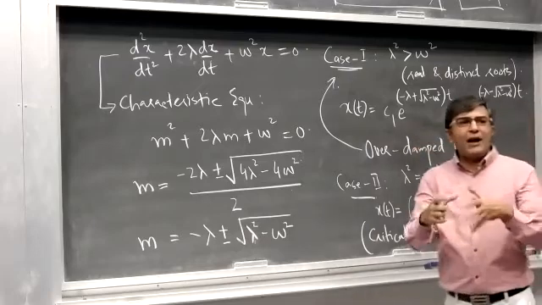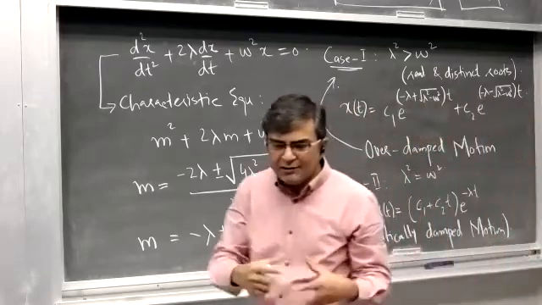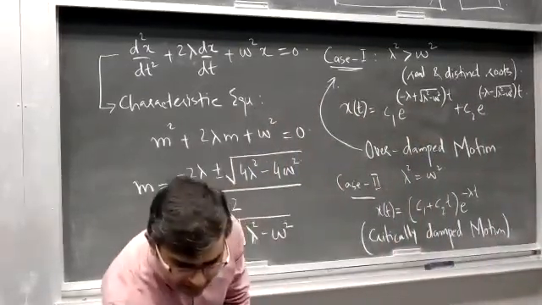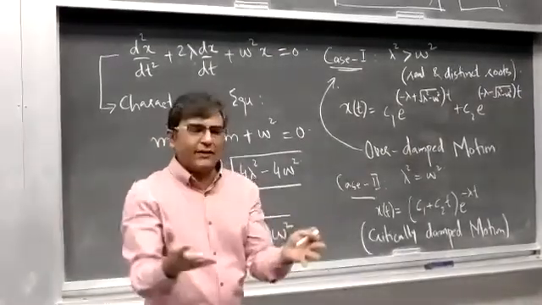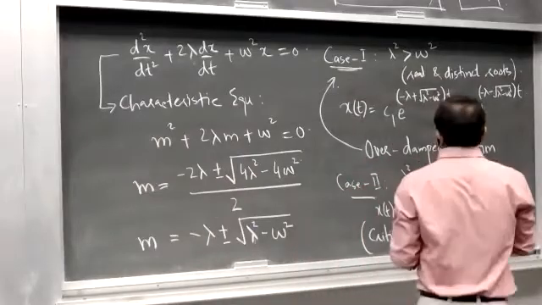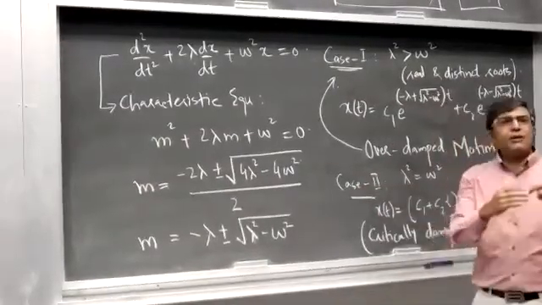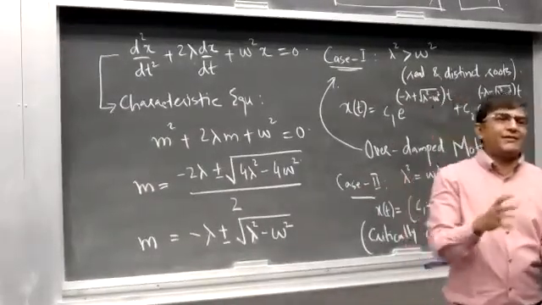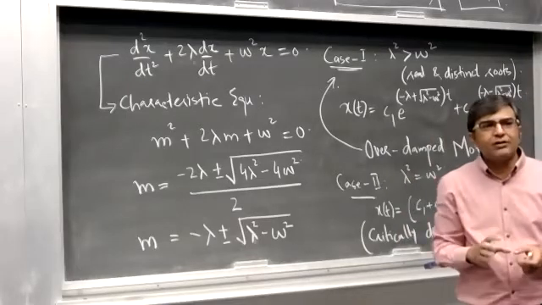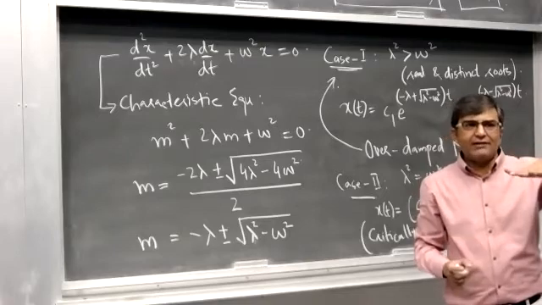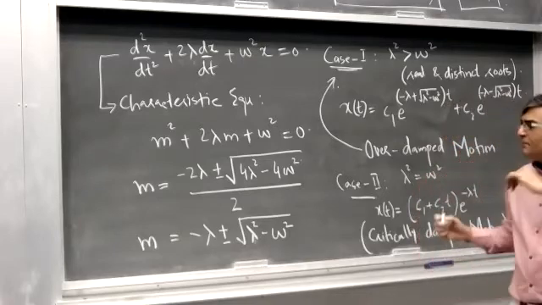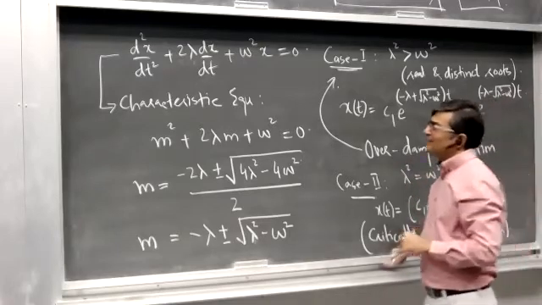Overdamped motion means damping forces are much more than other forces, and they will stop the motion of the mass immediately. Critically damped motion means the damping force is somewhat equal to the restoring and weight force, and it will take more time to stop the motion of the mass.